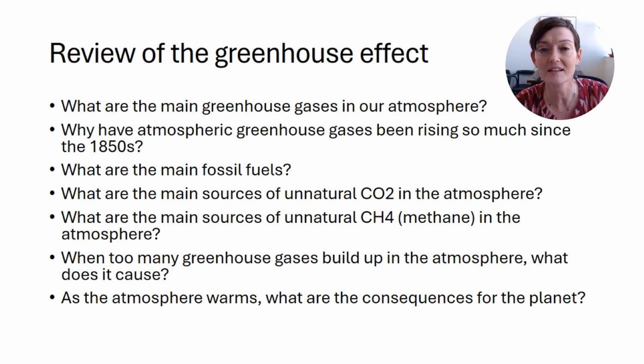The answer is the Industrial Revolution meant that humans started to burn coal and oil in a massive amount, and that burning of the fossil fuels has pumped huge amounts of carbon dioxide into the atmosphere and created a much thicker layer around the Earth than ever existed primarily.